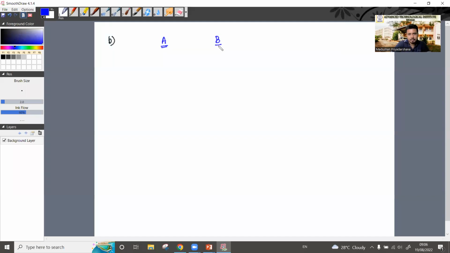Right. A and B. What is the present condition?